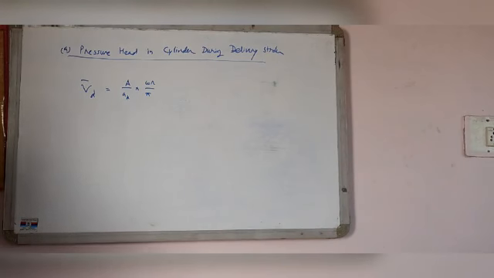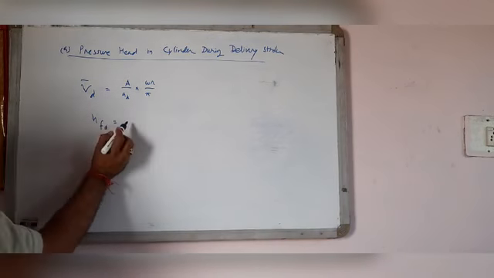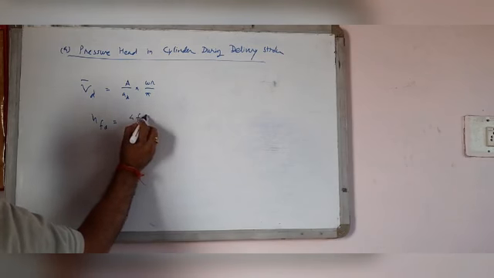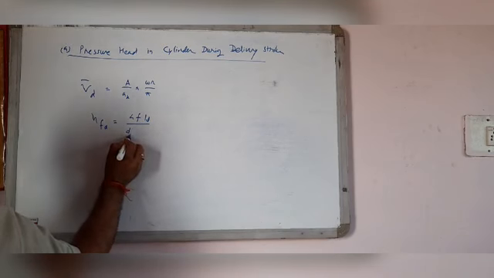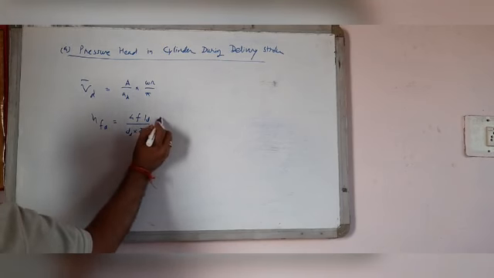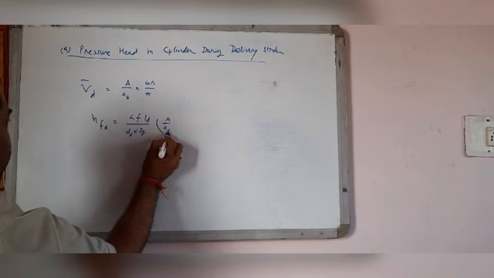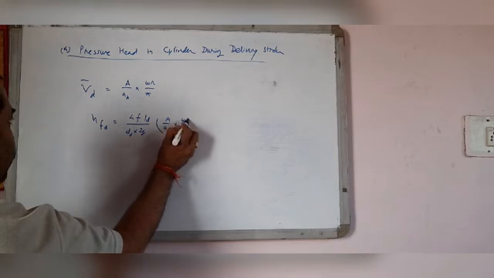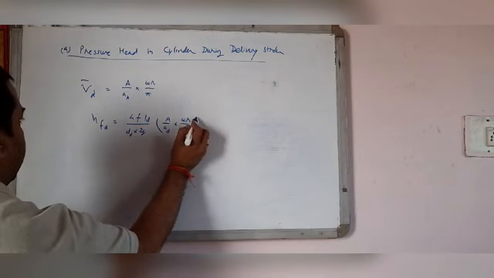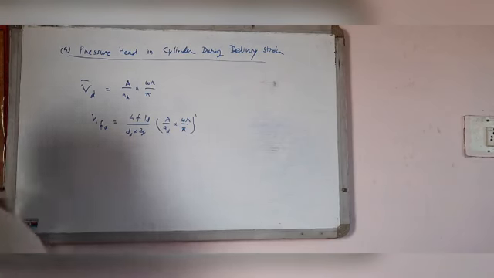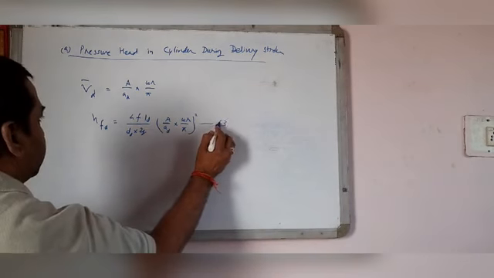So HFD equal to 4 f LD by DD into 2g, and this is A by AD into omega r by pi whole square. This is equation 3.